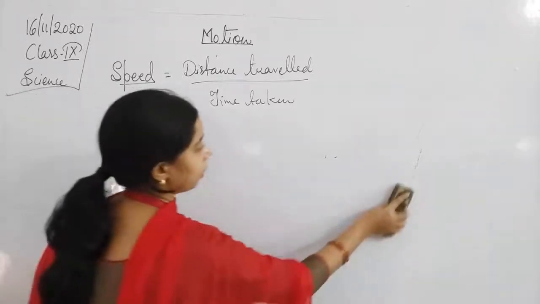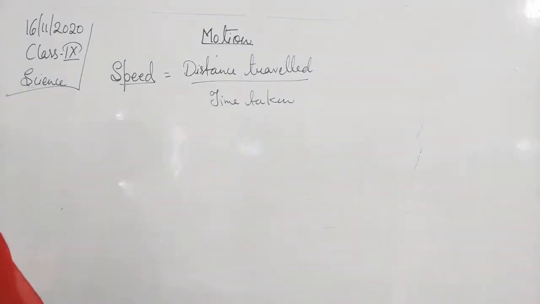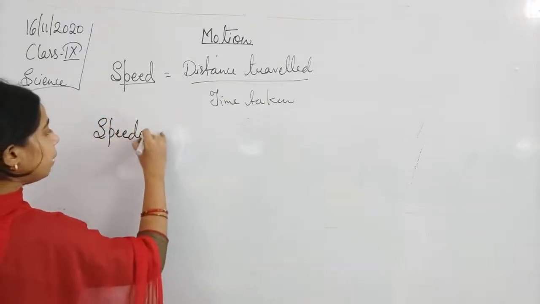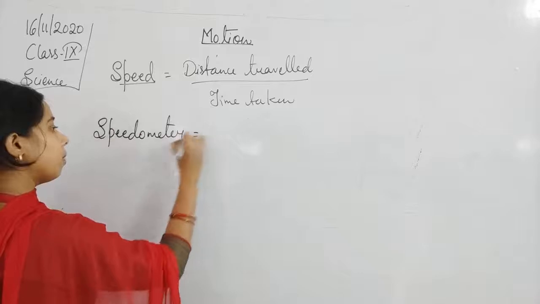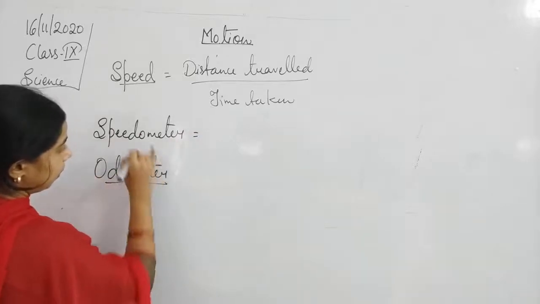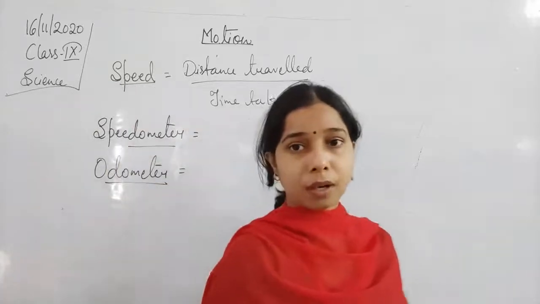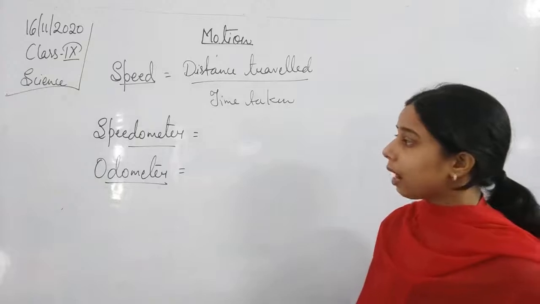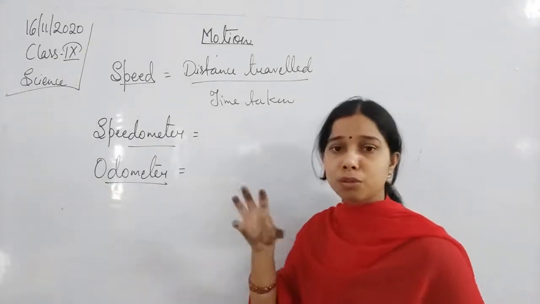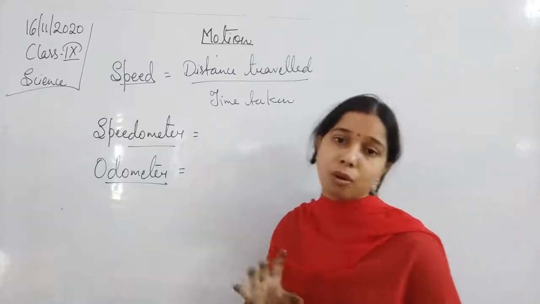Now there are two things, students: one is speedometer and the other one is odometer. What is a speedometer? You have seen in your vehicle there are two circles, one consisting of numbers.